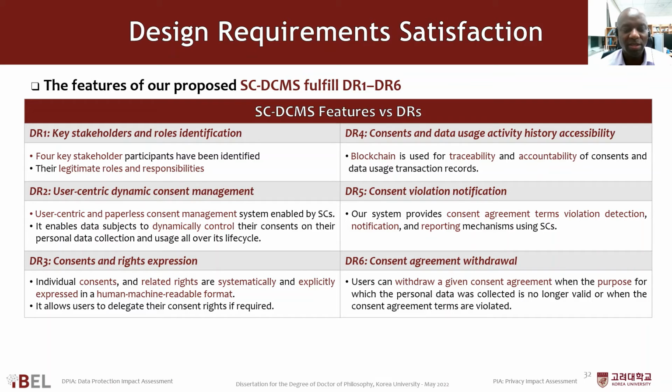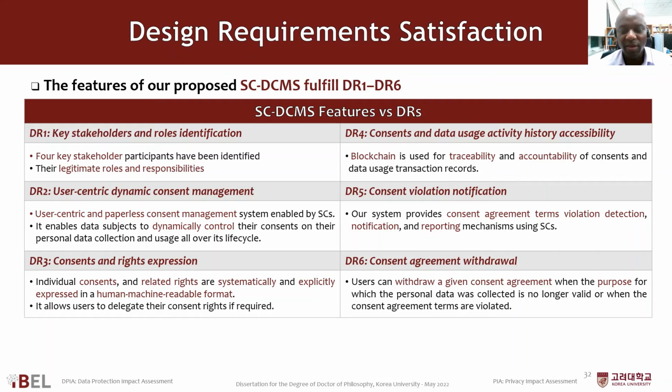Second, the user-centric dynamic consent management approach that was described earlier, and the consent and rights expression in human and machine readable formats. I've extensively explained that part. And four, we have the consent and data usage activity history accessibility, which is accessible through the blockchain for traceability and accountability purposes.